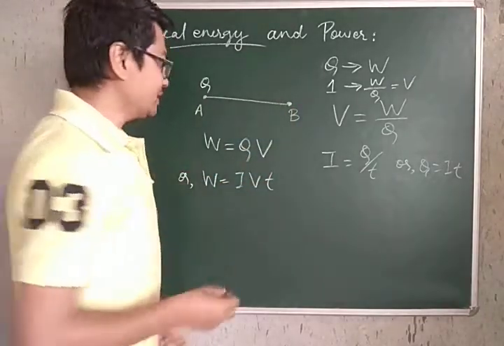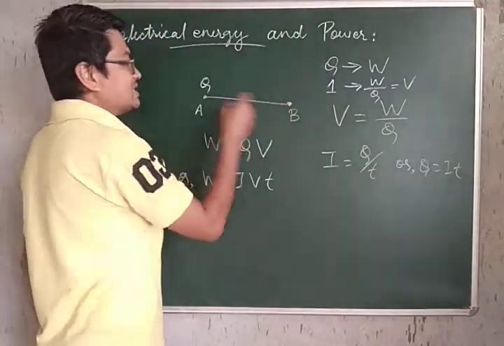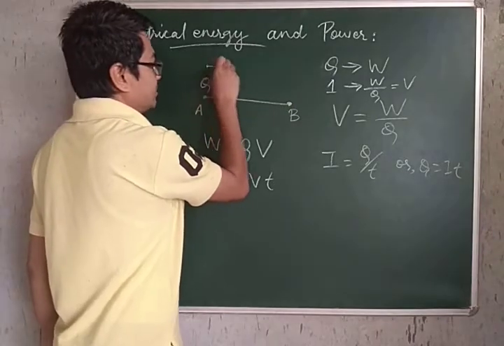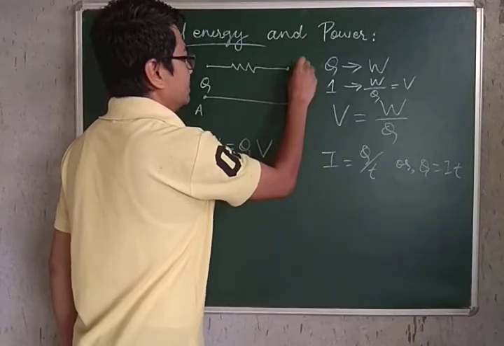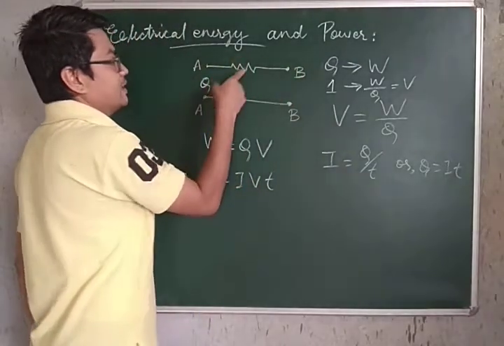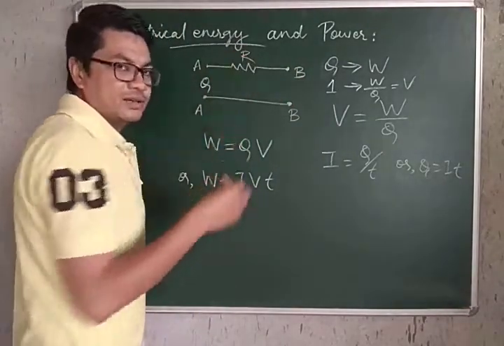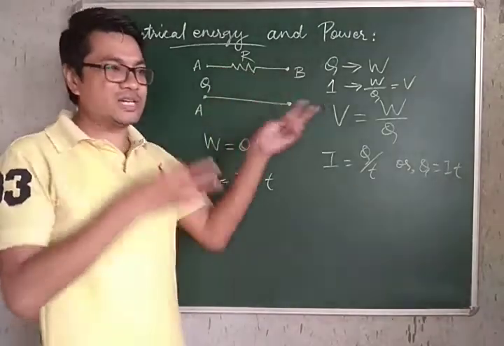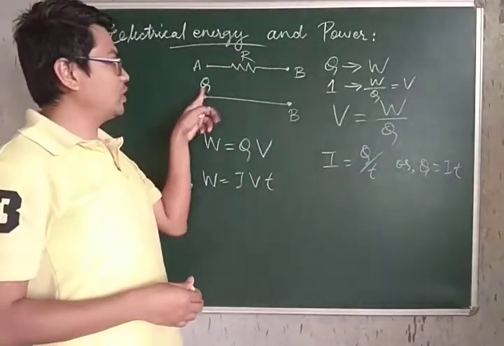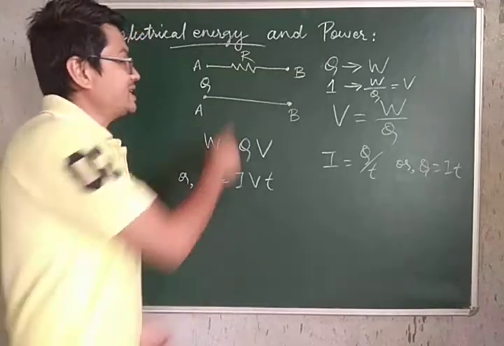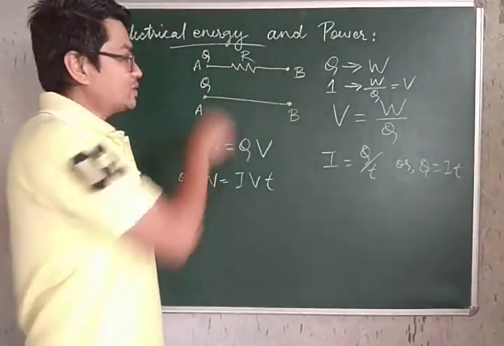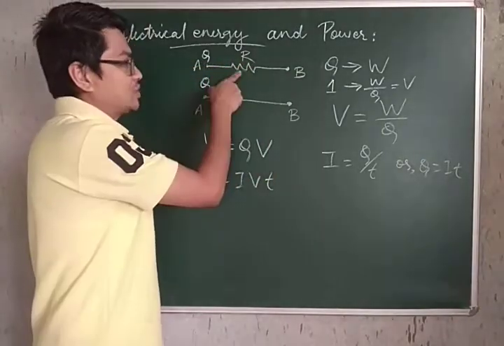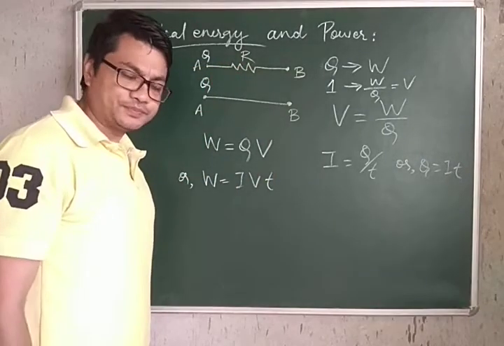Now specifically, if in between points A and B we have a certain resistor, or so to say, there is certain resistance offered to the flow of this charge Q when we take it from point A to point B, and the resistance offered is R, say for example.